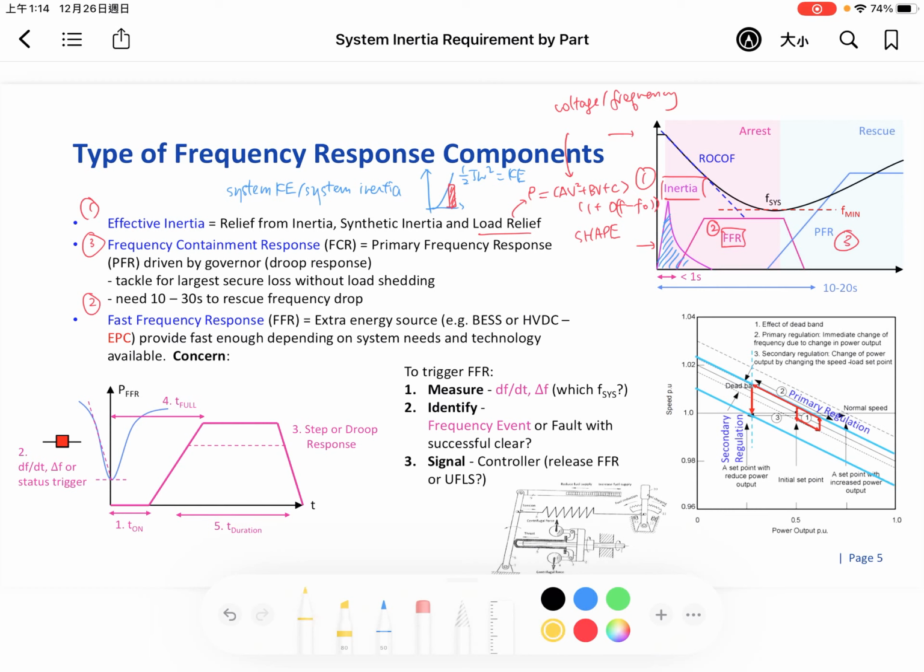If the frequency drops, it's often that the power drops as well. Just think about a motor. If you want it to spin faster, then it takes more power. It's often that the power form is quadratic. The curve is actually quadratic. If you want faster frequency, then the load is much higher.